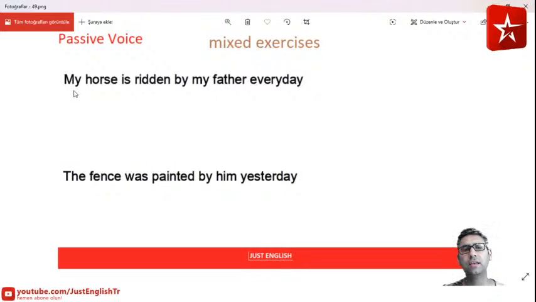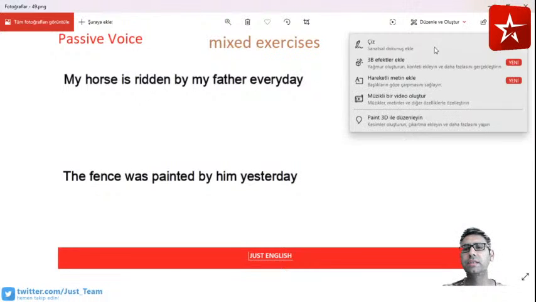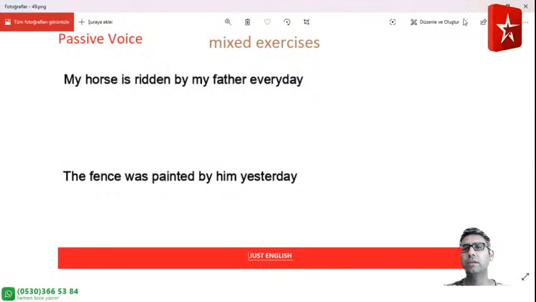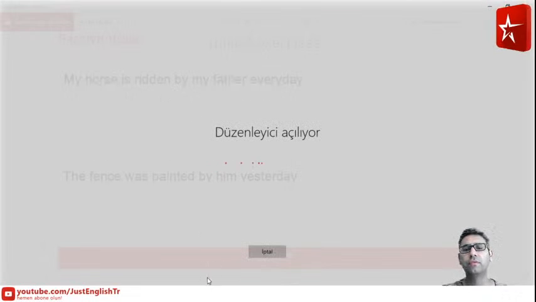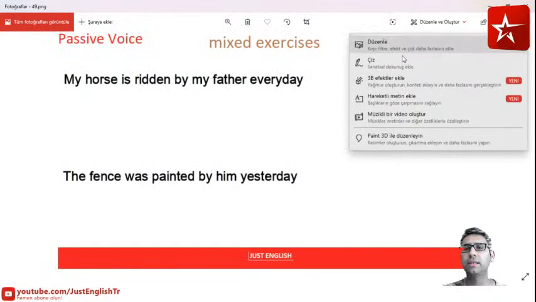Here, take a look. The sentence starts with my horse is ridden. Ridden is the third form of ride, like this.